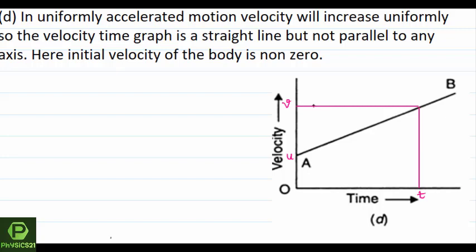Now we can also find the slope of this graph. To find the slope of this graph, initially we complete this right angle triangle, and in this right angle triangle, let this point be P and this point be Q. So to find out the slope, it is equal to perpendicular divided by base.